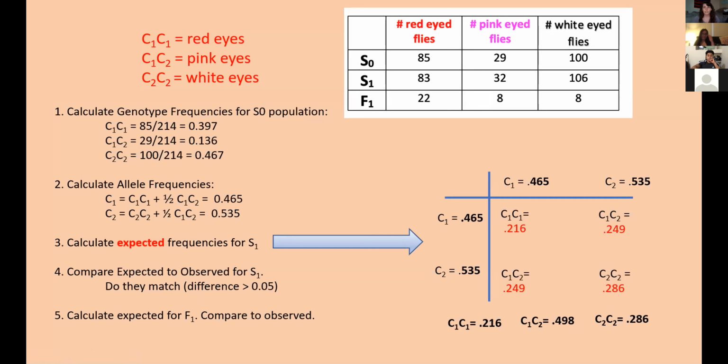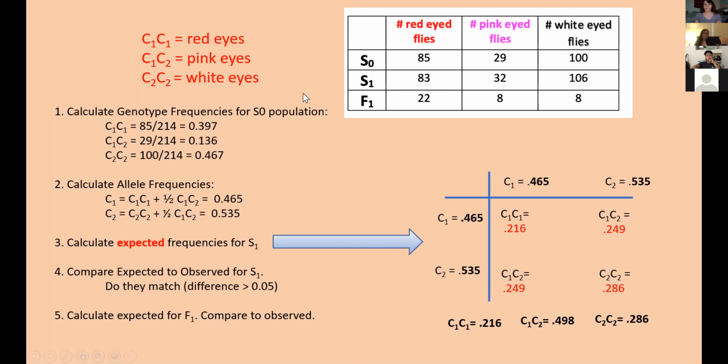So again, the different genotypes that we have and the phenotypes that they equate with: C1C1 equals red eyes, C1C2 equals pink eyes, and C2C2 equals white eyes. So to begin, step one, what you're going to do is look at the genotype frequencies for the initial population, that big giant tank of flies that we started with.